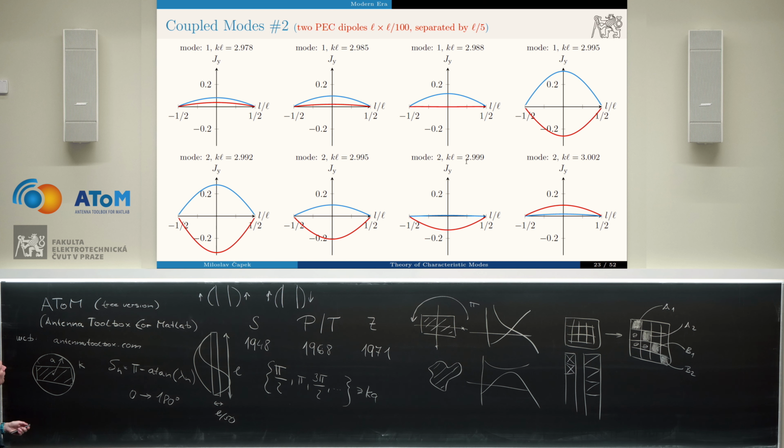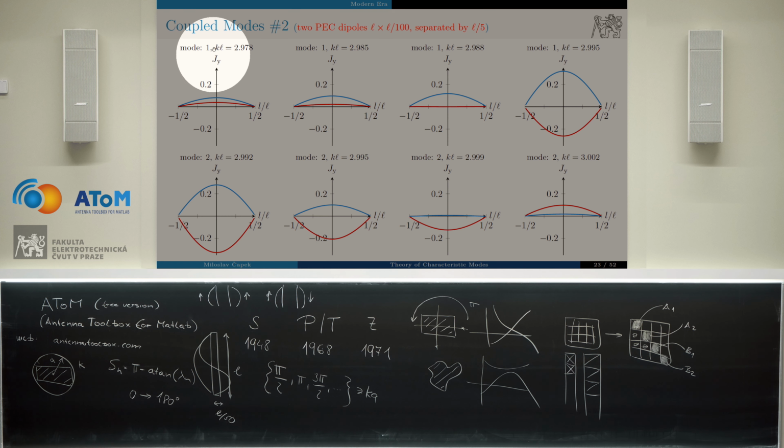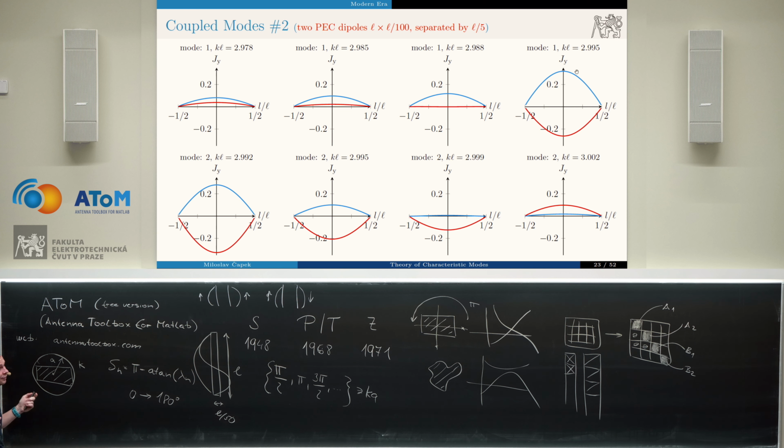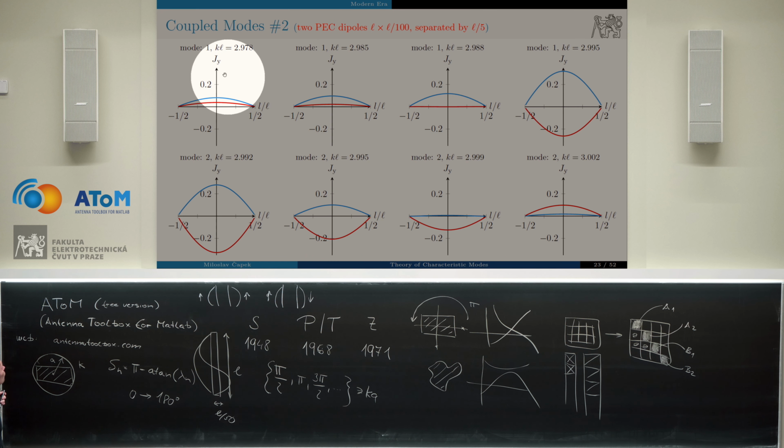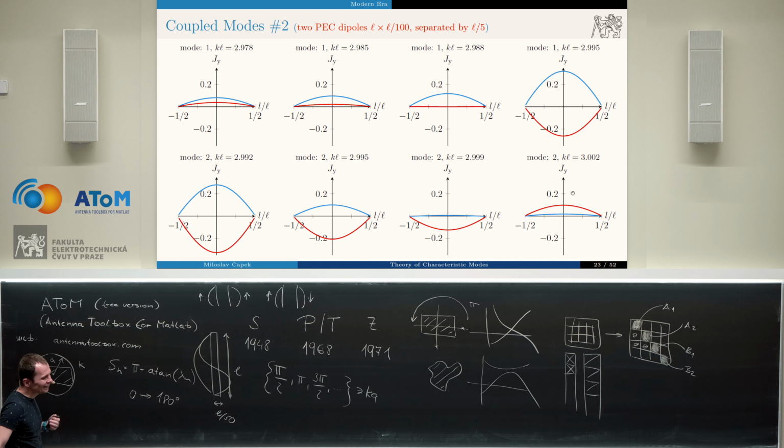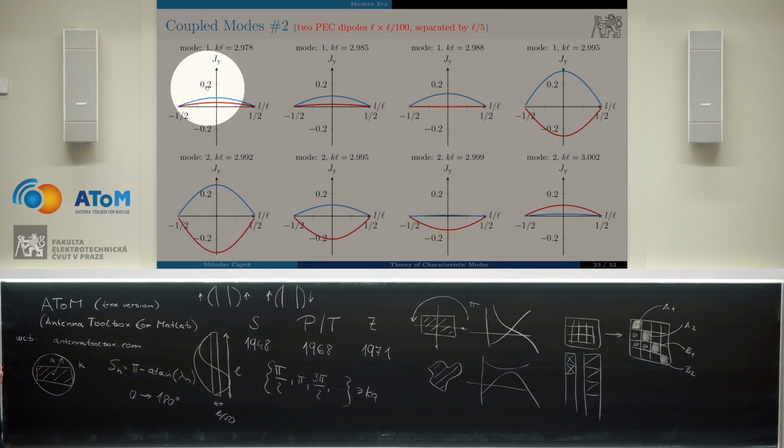And in that case, it may happen that you calculated your problem only for this frequency, kL 2.978, and at this frequency, 2.995. And still you can see that these two kLs are extremely close to each other. But if you solve it here, and if you use a correlation tracking algorithm, you can easily make a mistake and think that the first mode here is the second mode here, and these two should be connected.